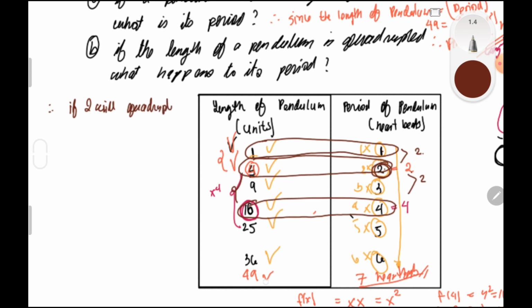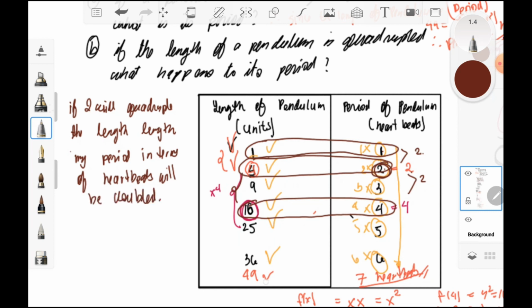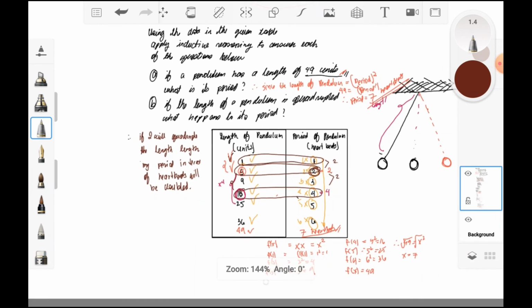So quadruple the length, my heartbeat or my period in terms of heartbeats will be doubled. Okay? So, ayan. Alright?